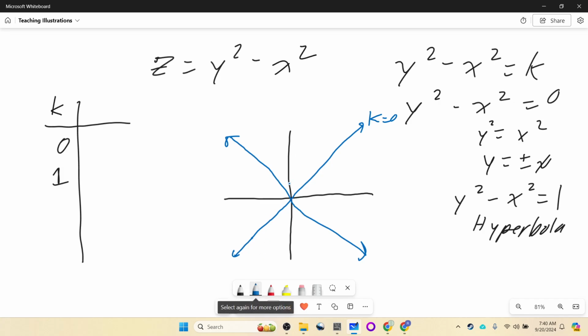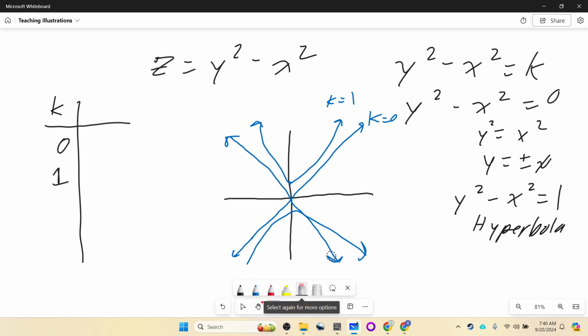So k equals 1 will look like this. See, hyperbolas are pairs.